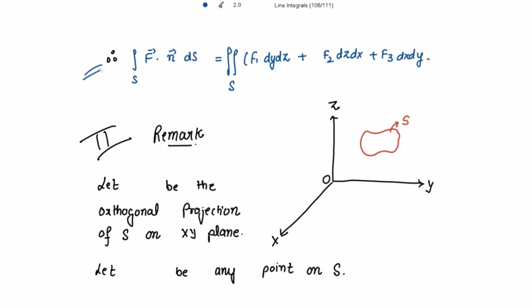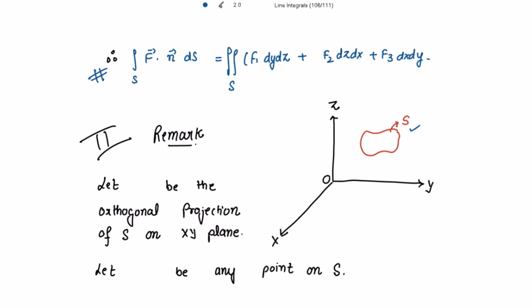Please remember this. The next remark is about evaluating surface integrals. It is convenient to express them as double integrals taken over the orthogonal projection of the surface S on one of the coordinate planes, right?